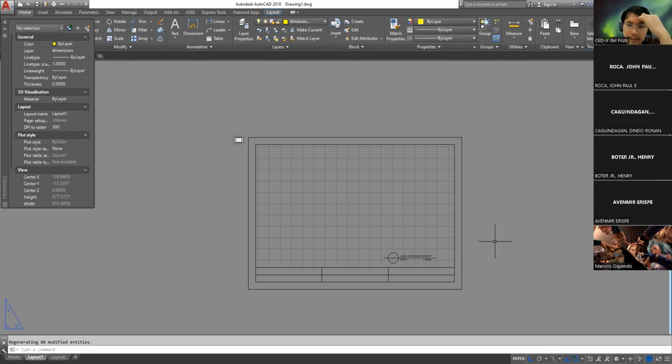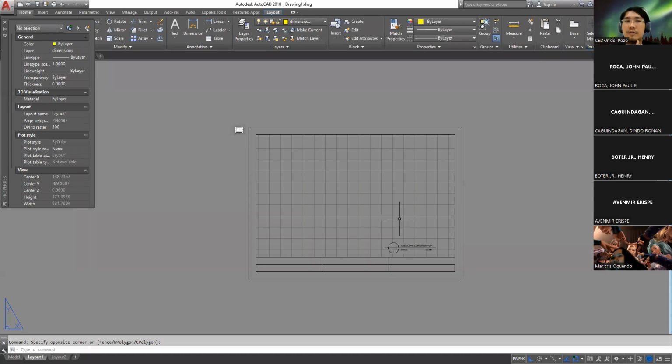Ikaw, sino nga ba? Si Maricar, no? Ibibigay ko na lang ang link kay Maricar. Wala pa tayong deadline sa plate 3 and 4. Sige. Tuloy ko lang, kailangan ko munang tapusin tong floor plan.